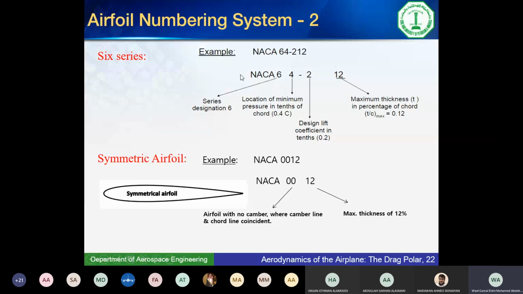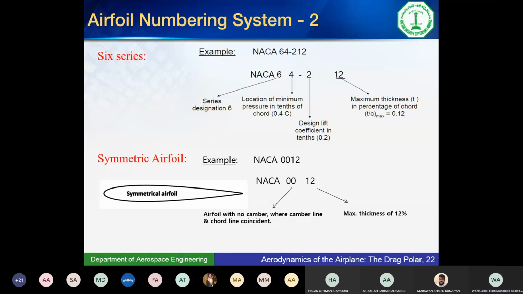The 6 series is used for even faster aircraft. So if you have Boeing 737, 757s, 767s, 777s, Airbus, there is a chance in an aircraft of this category to have a 6 series airfoil.